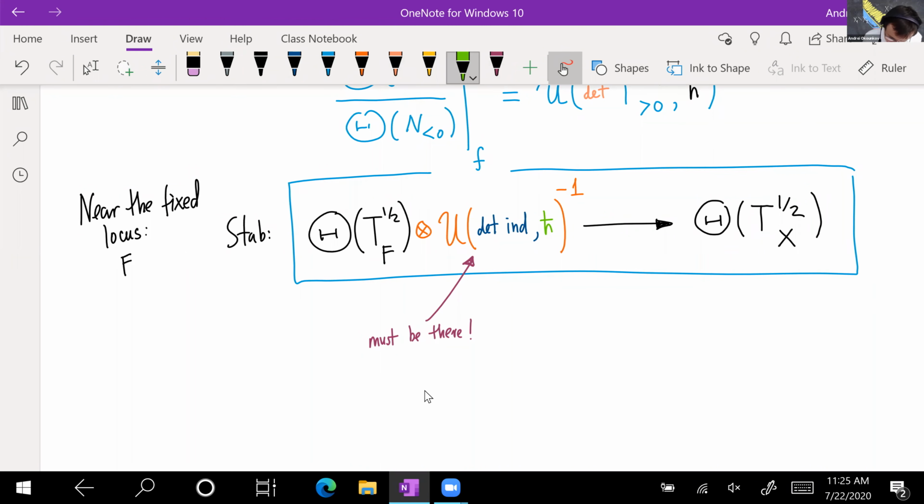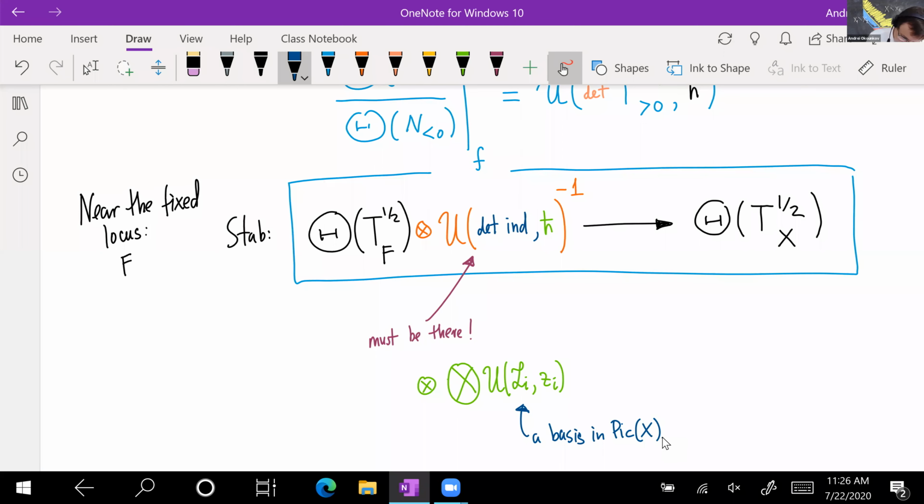So I can tensor it with any U of anything, with a product of U of some basis in the Picard group, say, pick a basis.